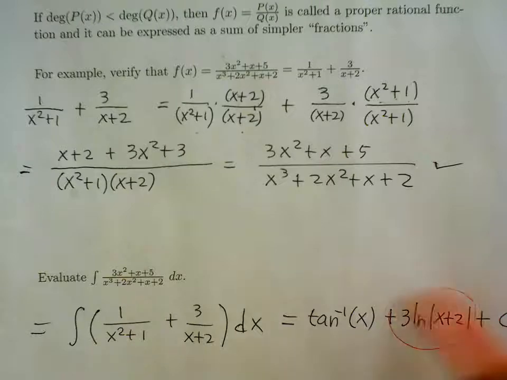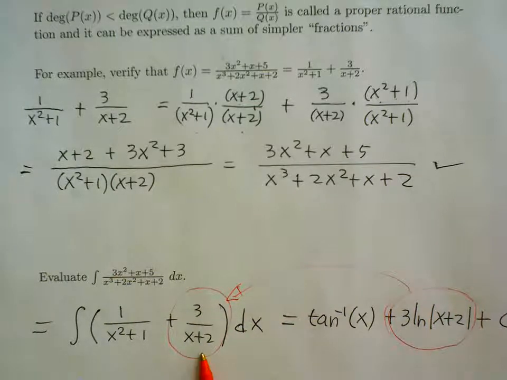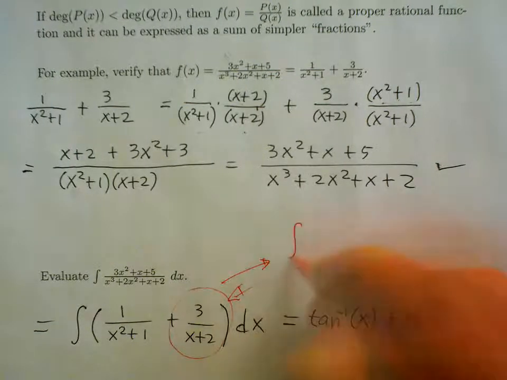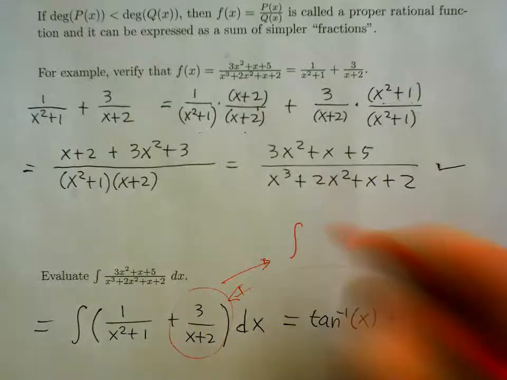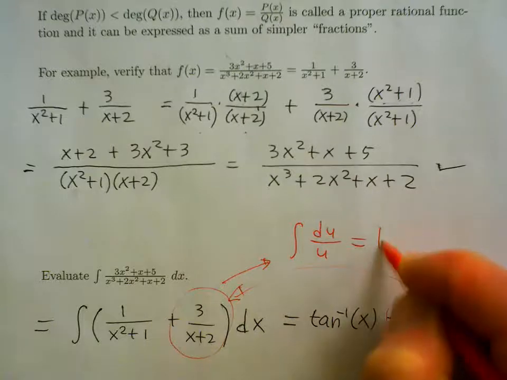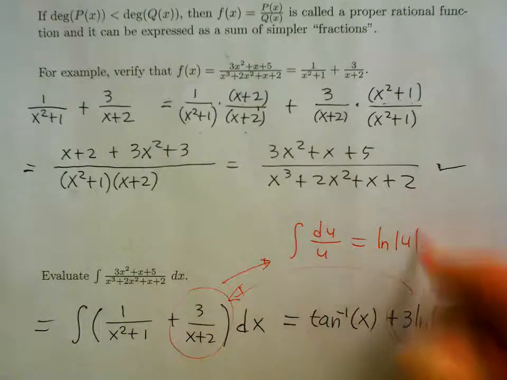If that didn't come to mind immediately, remember you can use the substitution rule. The idea here is if you have an antiderivative of du over u, that's equal to the natural log of the absolute value of u.